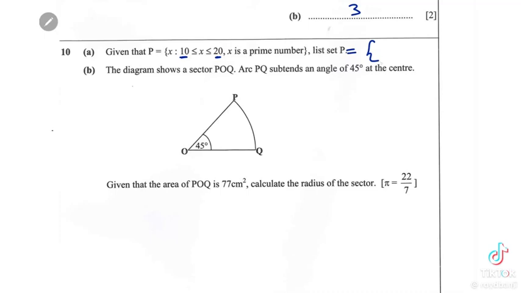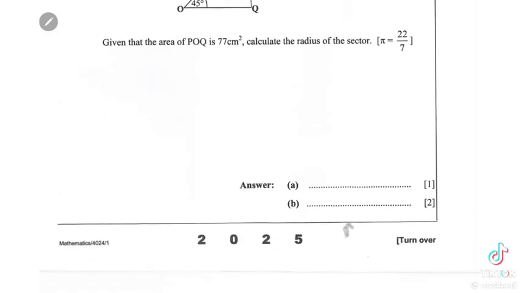Within that range from 10 to 20, you have 11. 11 is just divisible by 1 and itself. We have 13. 13 is divisible by 1 and itself. Then we have 17. Then we have 19. Okay, so this is the set that we are looking for. So we can list it here. Set P is equal to 11, 13, 17, 19. Okay.